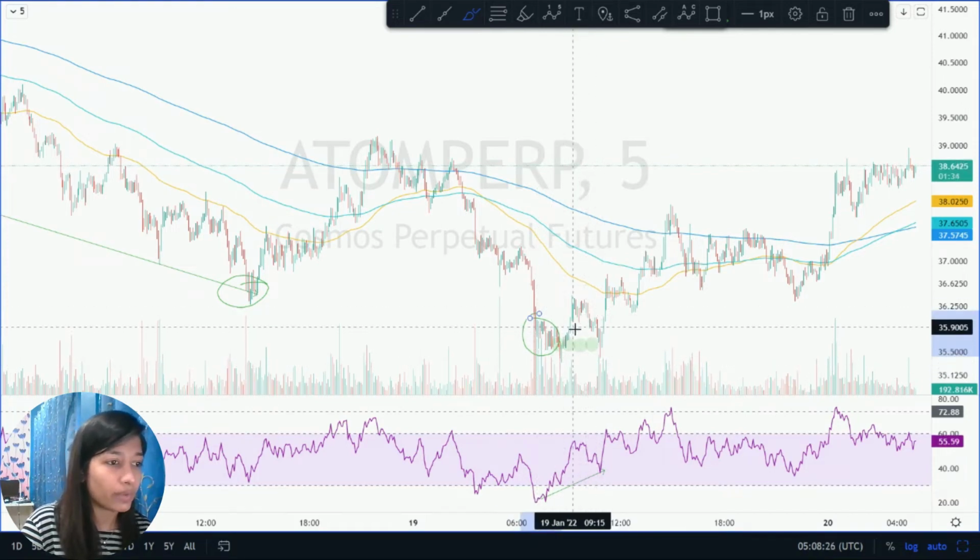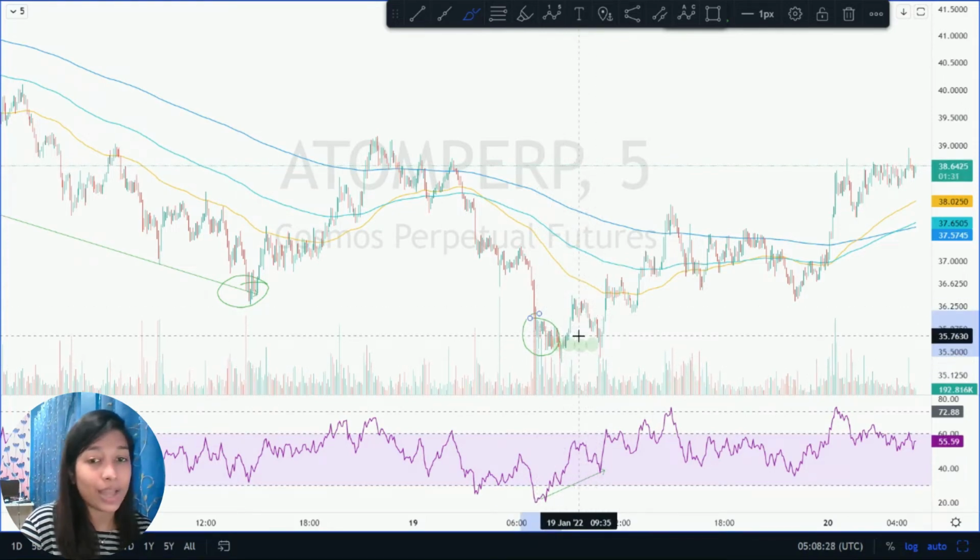So this is where I covered my position, and as a result, I was able to make something around $500, or to be more precise, $495 worth of profit on an investment of just $2,500 in a matter of just 3 days.